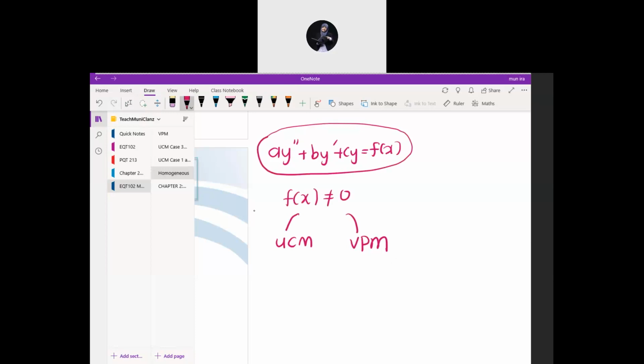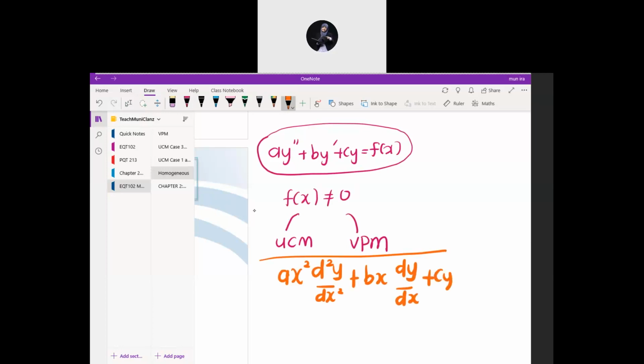After we finish VPM, you will notice we have another equation in this form: a x squared d squared y/dx squared plus b x dy/dx plus c y equals f(x).